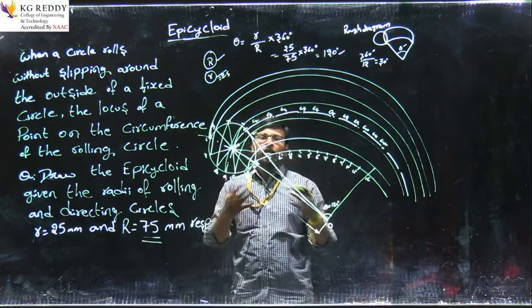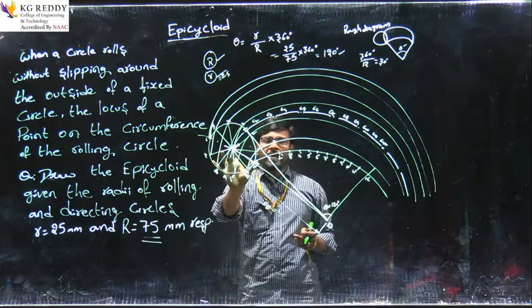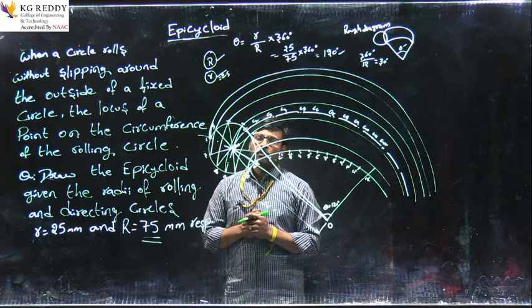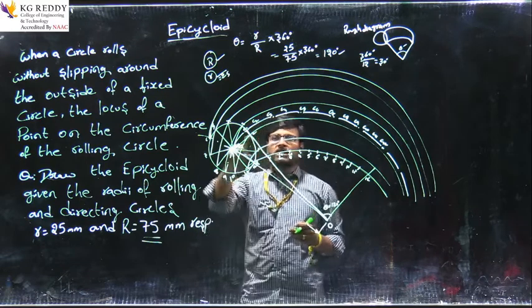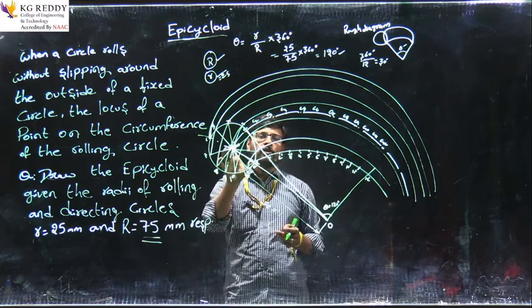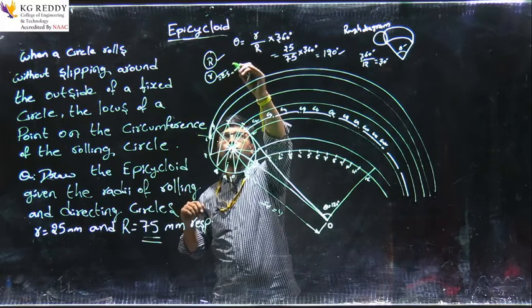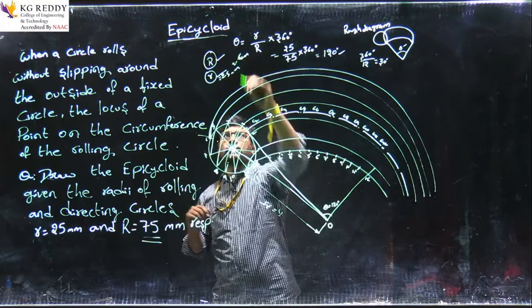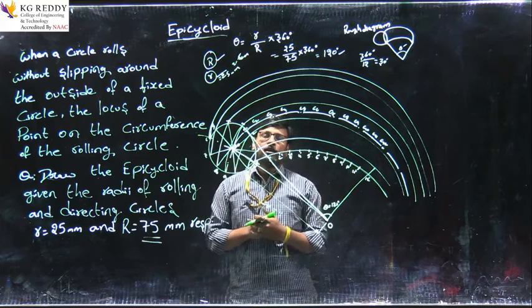As in a cycloid, in an epicycloid we are taking the radius of the roller as 25 mm, that means 2.5 centimeters. Take C1 as a center, measure the distance of the roller, 25 mm, that is 2.5 centimeters, with the compass. That is a common distance.